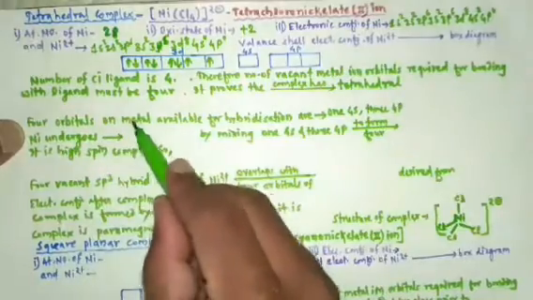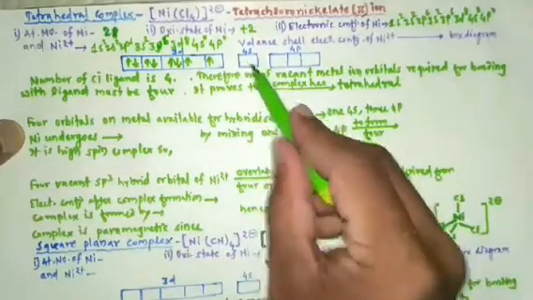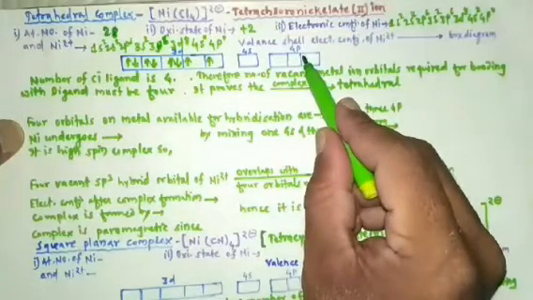So the 4 orbitals on the metal available for hybridization are one 4s and three 4p.